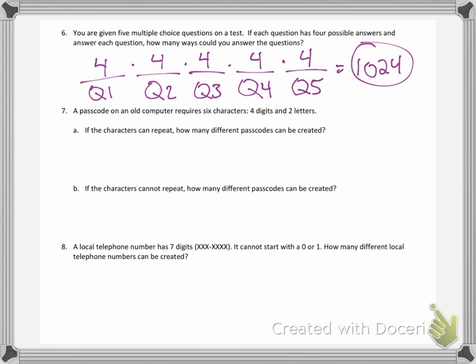But to keep everything easy to calculate, we're going to go with some easier combinations of things here. So let's go ahead and take a look at number 7. A passcode on an old computer requires 6 characters, 4 digits, 2 letters. Here's something very important that we need to make sure we establish. Digits means 0 through 9.